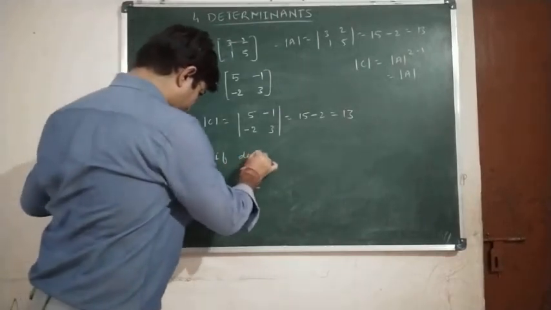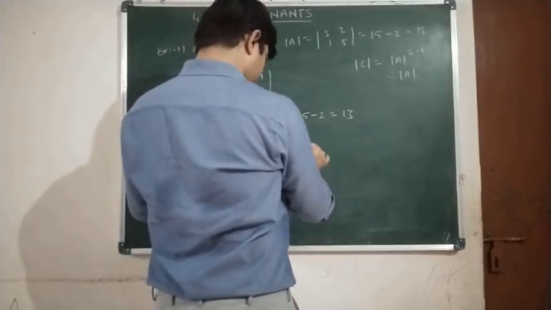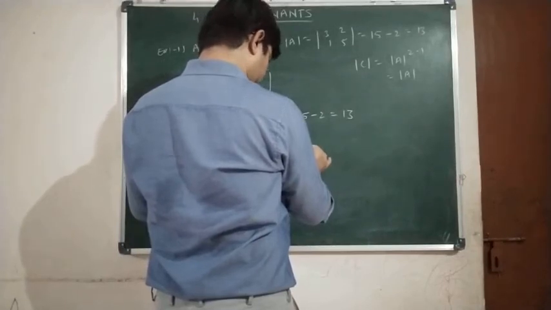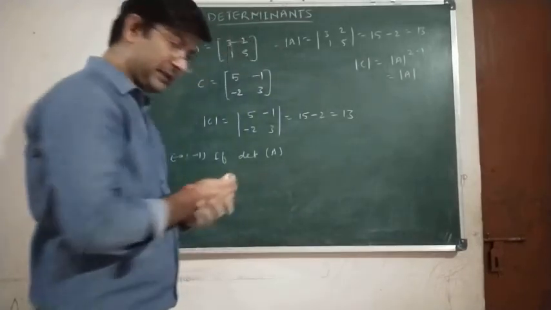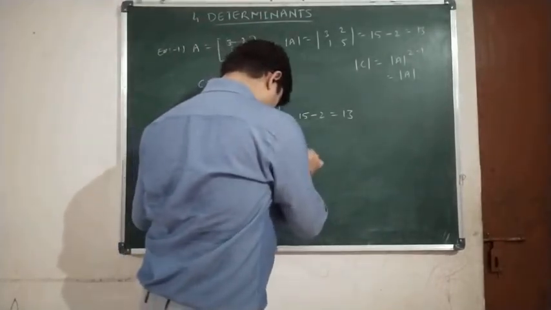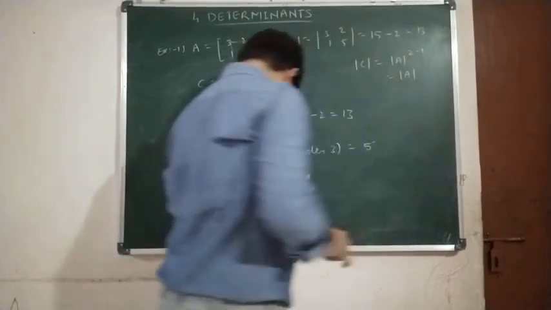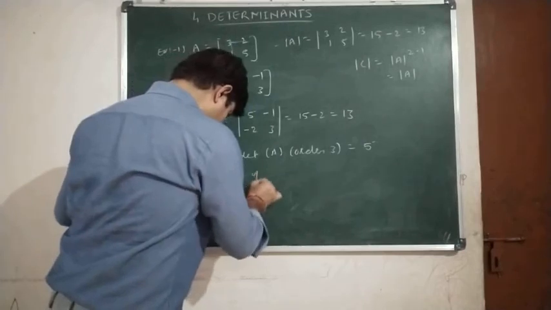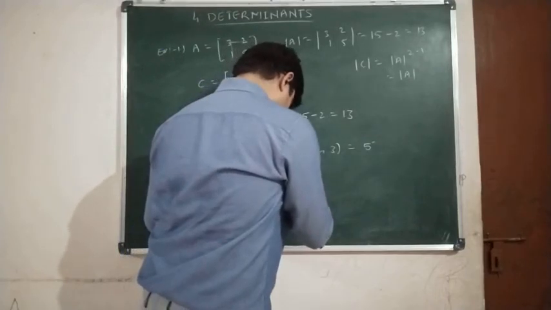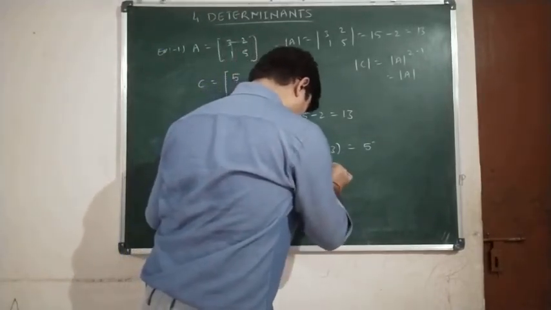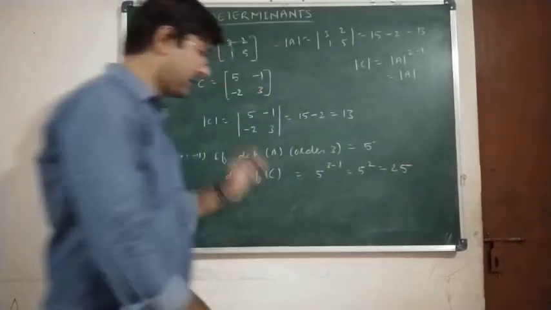Similarly, if determinant of matrix A of order 3 is equal to 5, then the determinant of C, that is cofactors, will be equal to 5 raised to 3 minus 1, 5 raised to 2, that will be equal to 25.